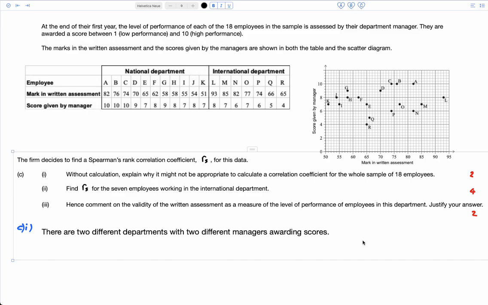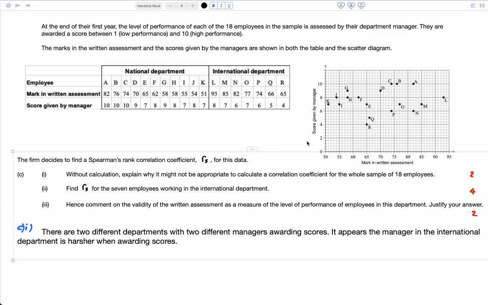So you could say here, it appears the manager in the international department is harsher when awarding scores.